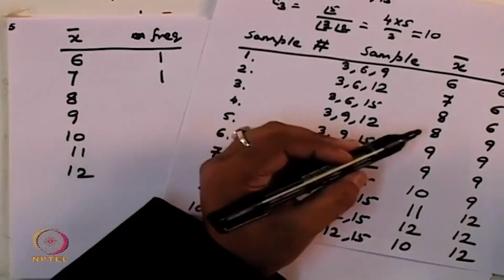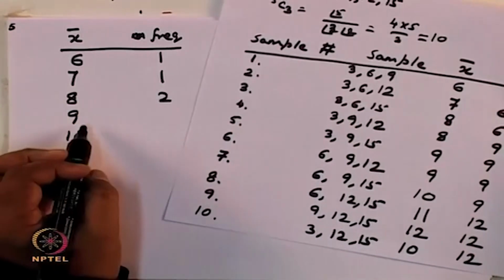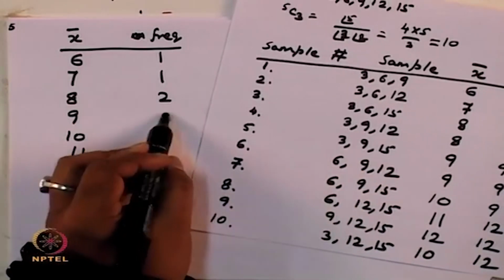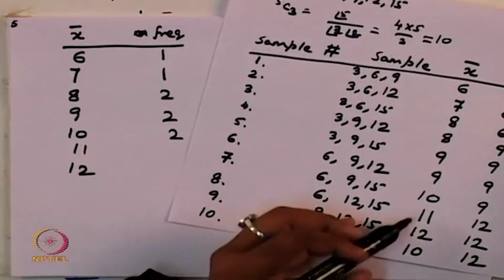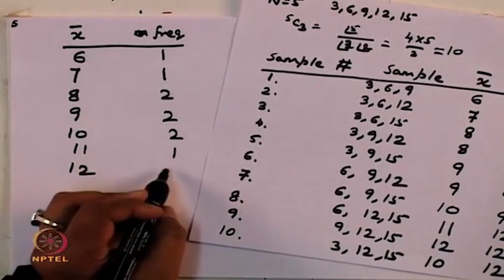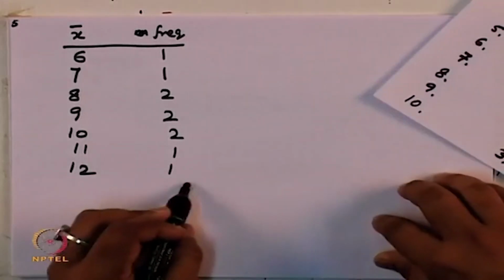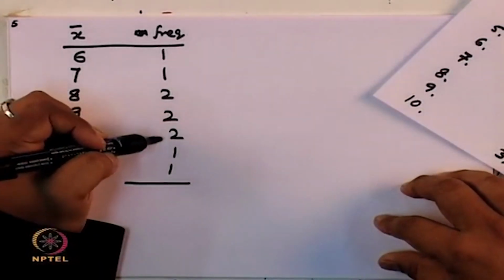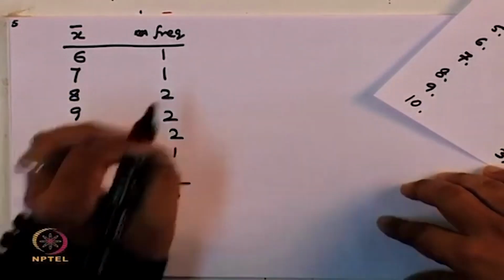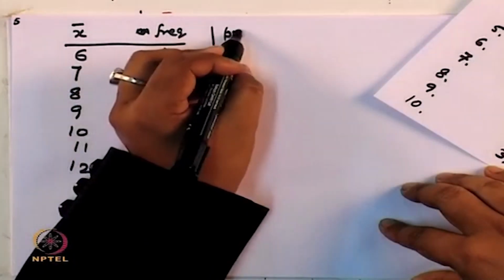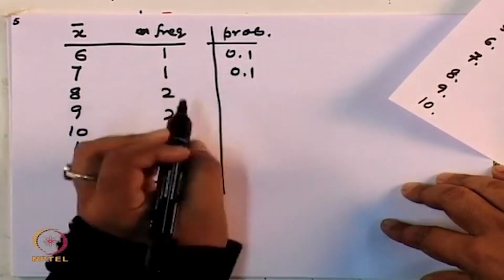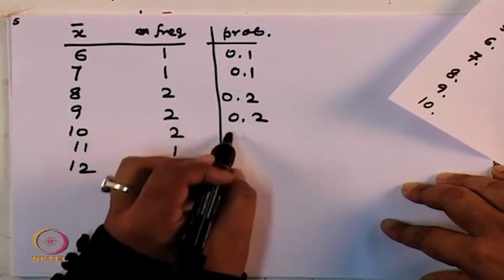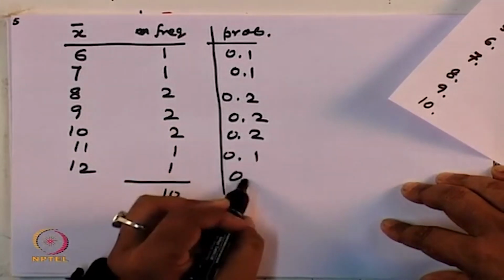Frequency of 7 is only 1, frequency of 8 is 2, frequency of 9 is 2, frequency of 10 is 2. Frequency of 11 is 1, frequency of 12 is 1. And total frequency here is 10. So, I can convert this into probability. It is 0.1, 0.1, 0.2, 0.2, 0.2, 0.1, 0.1.